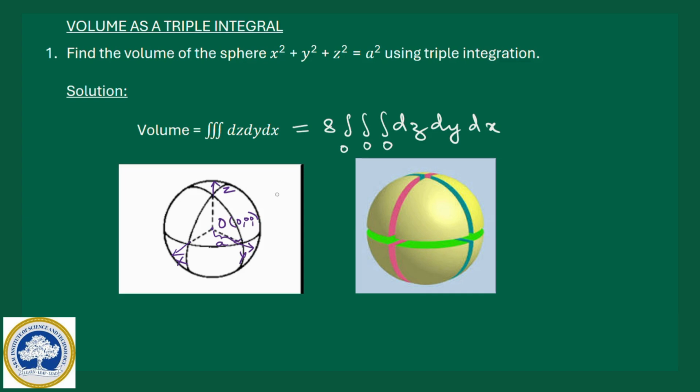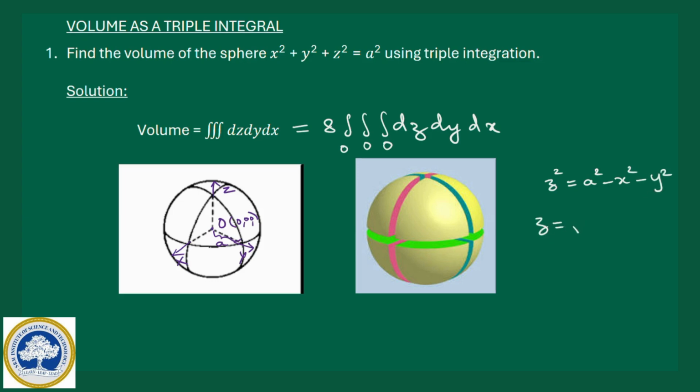While finding the upper limit, first we have to find it for the innermost integral, that is with respect to the variable z. That can be taken from the given equation of the sphere, x² + y² + z² = a². We want z², so z² = a² − x² − y², right?